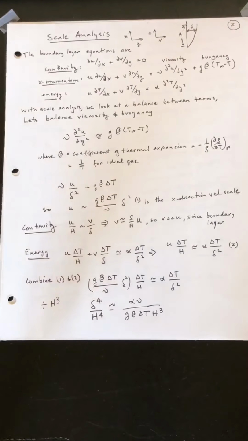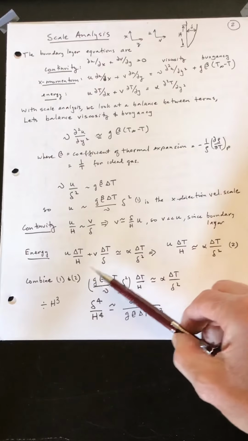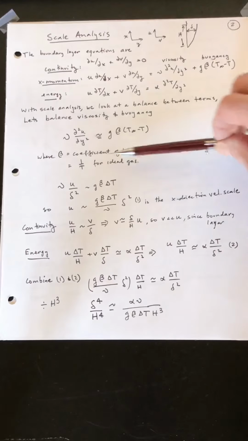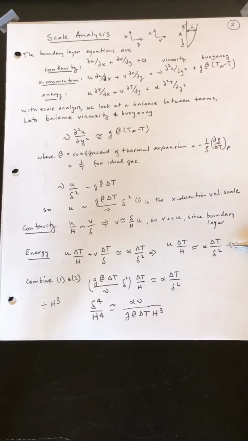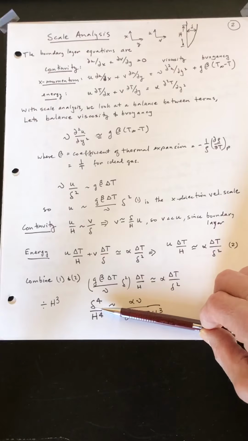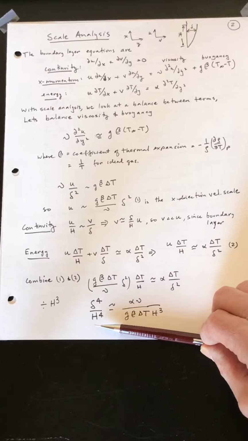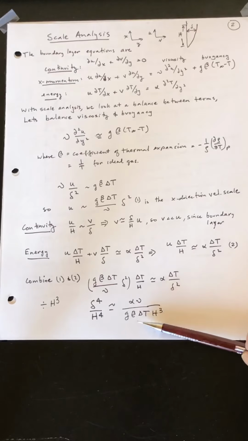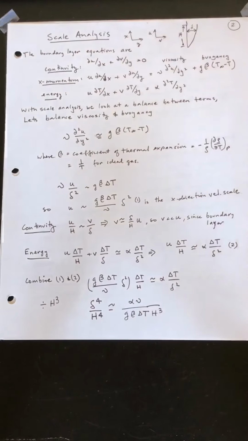And then when I go to the energy equation, do the same analysis, and then I combine the momentum equation with the energy equation, I get an interesting relationship between the boundary layer thickness, the height scale, and my parameters: thermal diffusivity, viscosity, gravity, coefficient of thermal expansion, temperature difference, and height cubed.